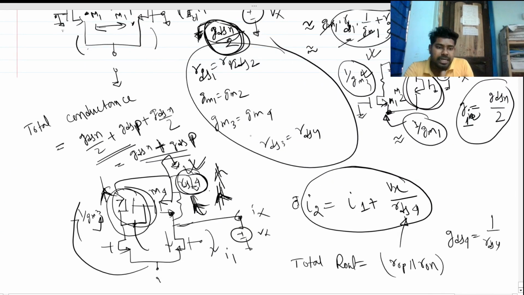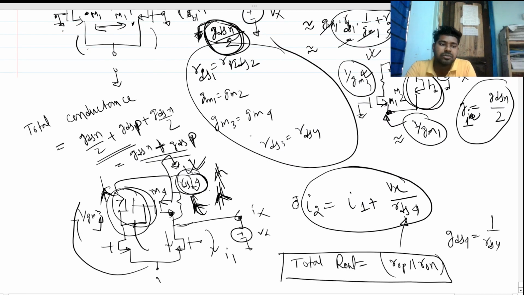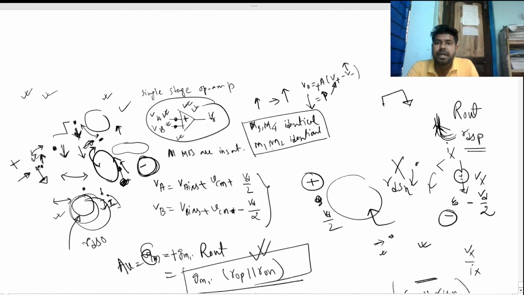Now we have found the total resistance. Now we have to find the overall GM, right?